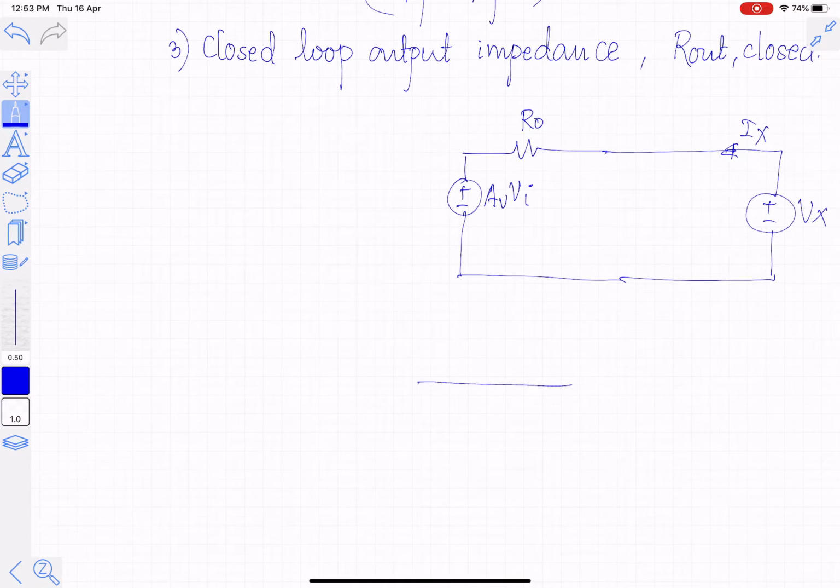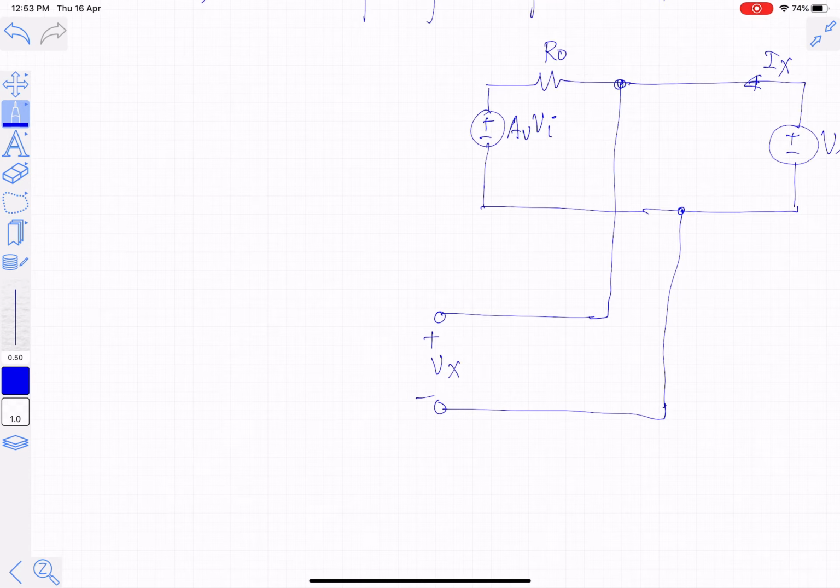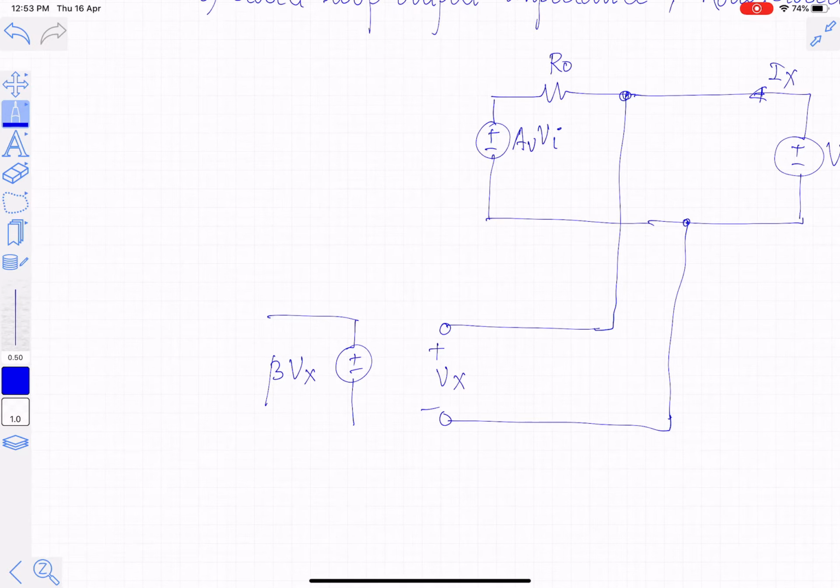The feedback network has the input side with infinite input impedance. So this voltage will be equal to Vx in this case. It is very clear. And then the voltage controlled voltage source whose value is beta into Vo is equal to beta into Vx.